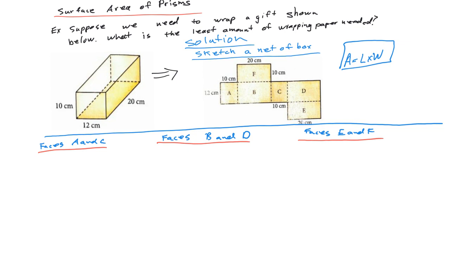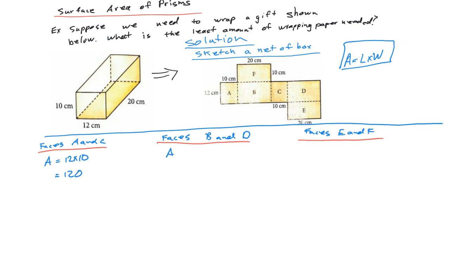So you'll notice that we're going to calculate once for each of the areas of A and C, B and D, and E and F. So the area of the face for A and C is equal to length times width, which is 12 times 10, which gives us 120.